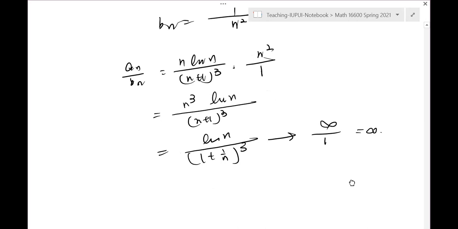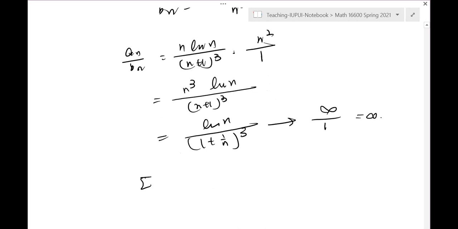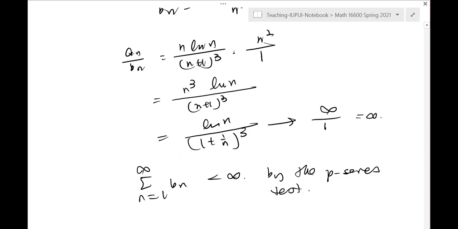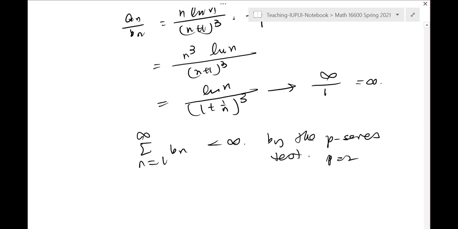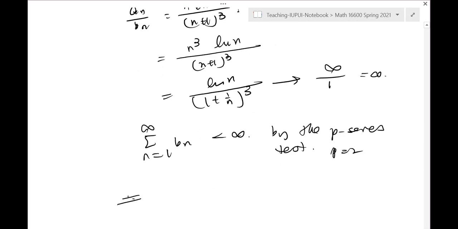So be very careful. They're not equivalent. Now, is this Bn convergent? That's true. This Bn is convergent by the P series test. But this does not guarantee this is convergent.